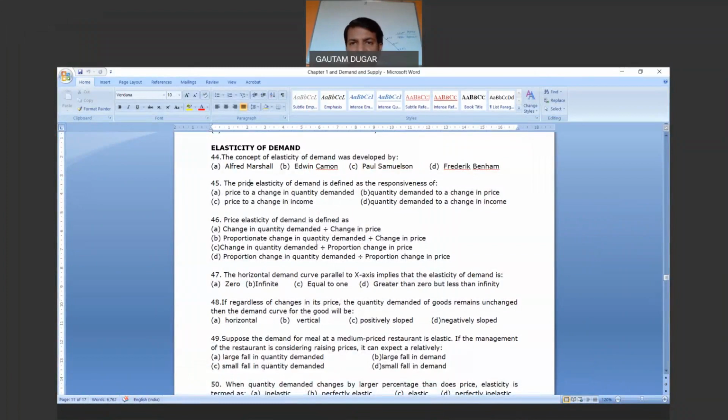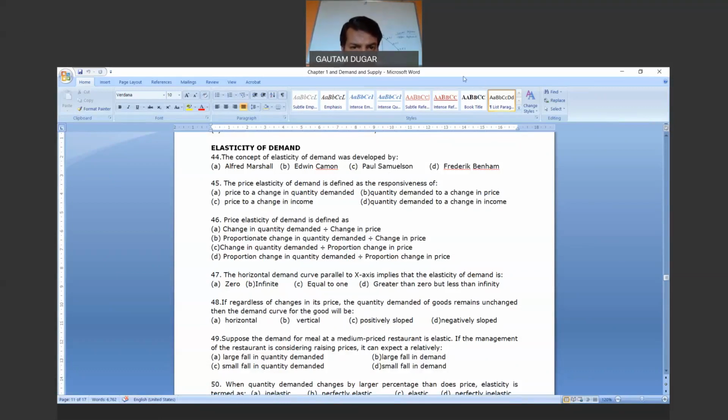I think you have the screen before you. The concept of elasticity of demand was developed by, obviously, Marshall. Next, the price elasticity of demand is defined as the responsiveness of quantity demanded to a change in price. Option B. 45. The answer would be B.